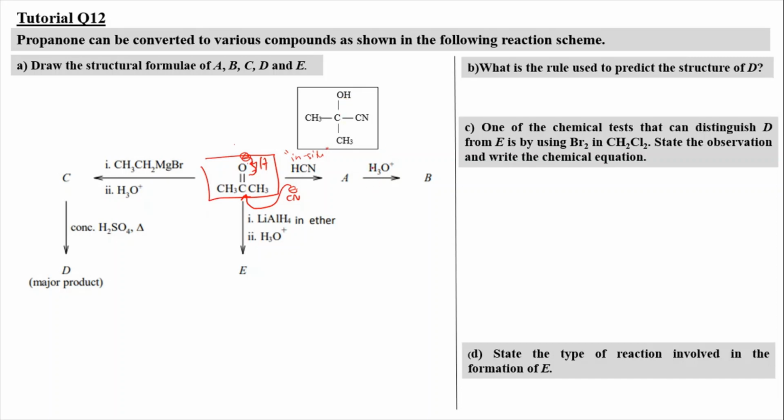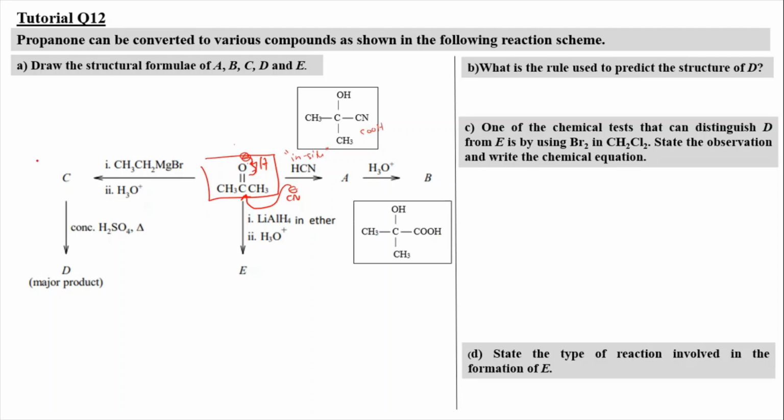Okay, and now when it undergoes acidification, this one is known as the cyanohydrin. So when it is acidified, the CN here gonna be forming a carboxylic acid. So CN here gonna be changed into COOH, as shown here.